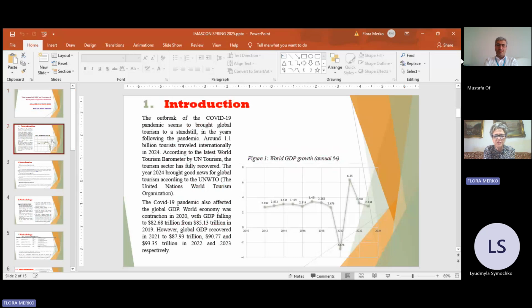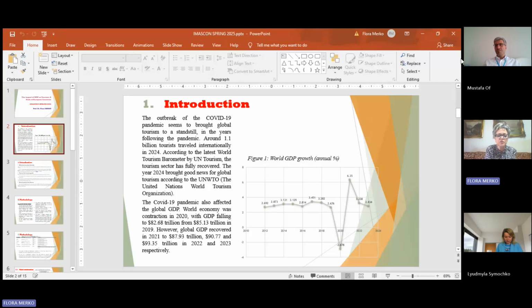So we see also in figure 1, the COVID-19 pandemic also affected the global GDP. The world economy contracted in 2020, with GDP falling to 82.68 trillion US dollars from 85.13 trillion in 2019.